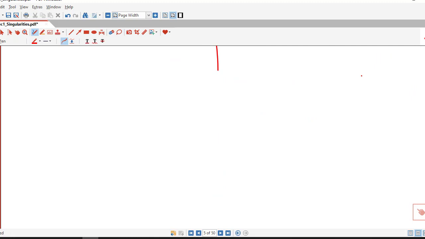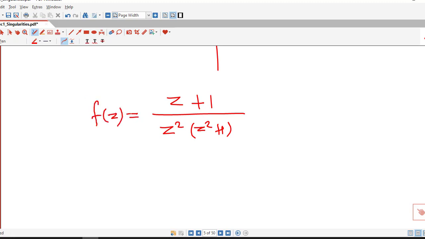We consider another function. Suppose we consider f of z equal to z plus 1 divided by z square times z square plus 1. This is a rational function. If we want to decide the singular points of this rational function, we can put the denominator equal to 0, because the function is not analytic at those points where the denominator becomes 0.